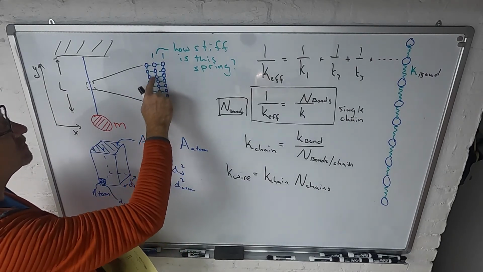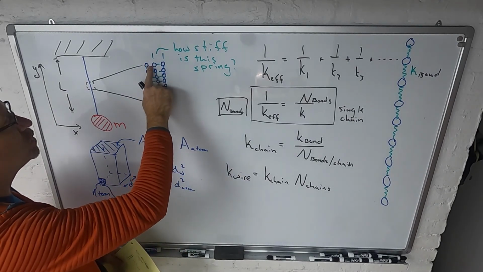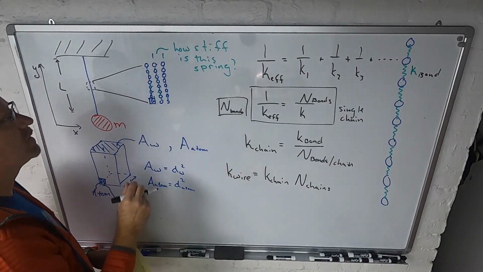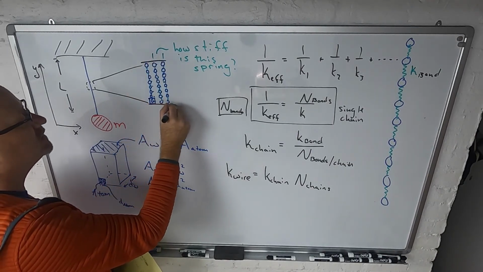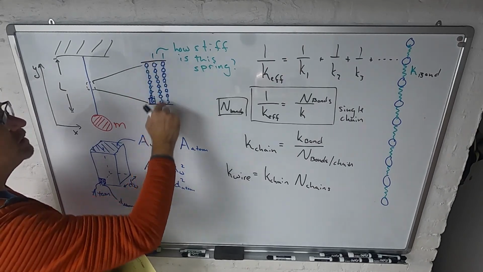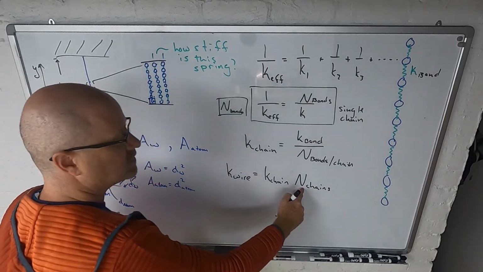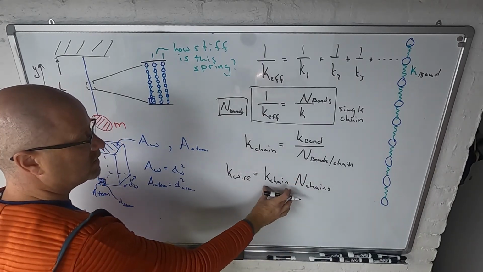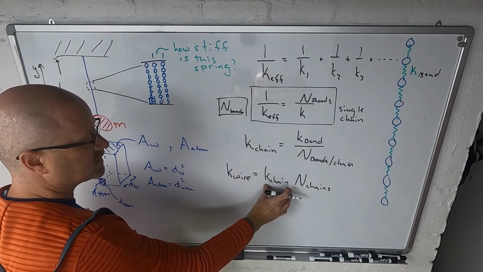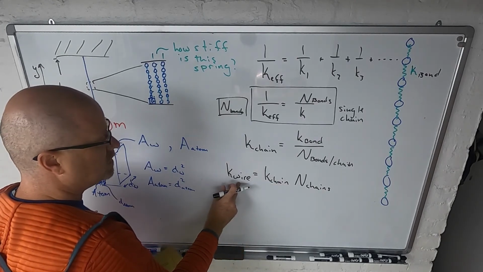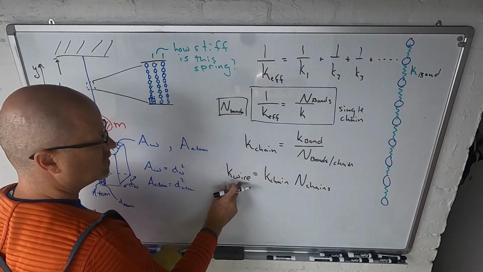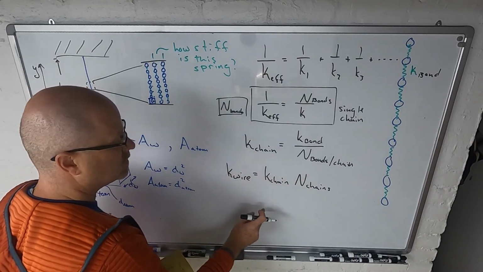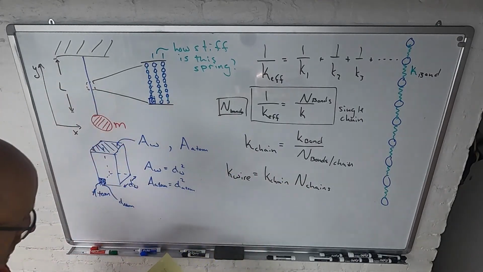This one is in parallel with this one, is in parallel with this one. I can ignore the bonds between them for now. All I have to think about is that I have all of these chains in parallel, and that's just the sum of all of my chains together. So if I want to know the wire, I have to know the K of a chain, which I have here, and the number of chains that I have in total.